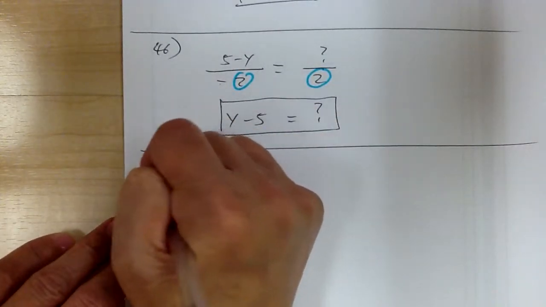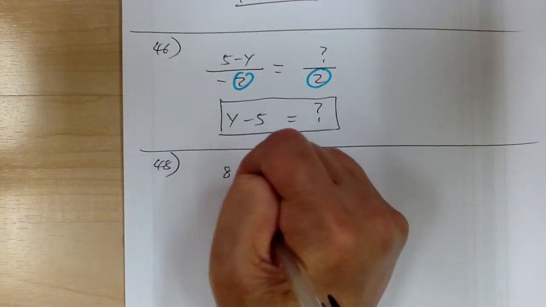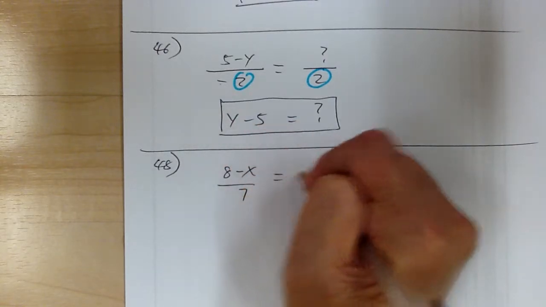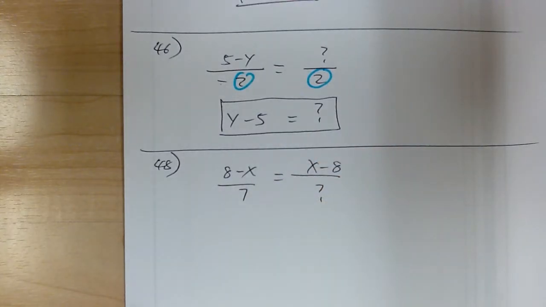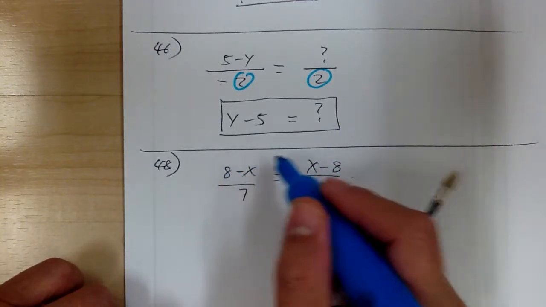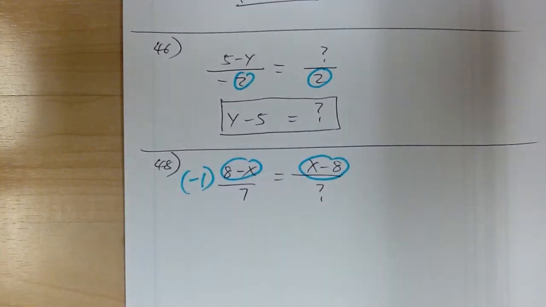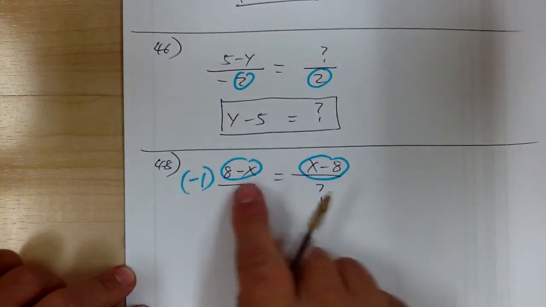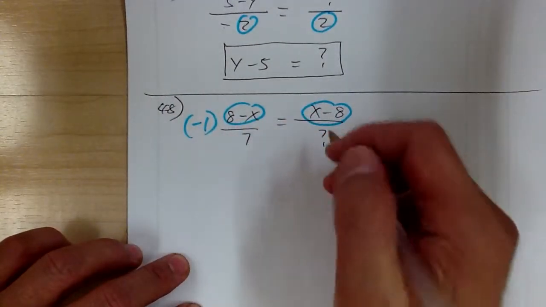Okay, let's go to 48. You have 8 minus x over 7 equal to x minus 8 over question mark. This is a little bit more tricky. This is x minus 8, and this is 8 minus x. So they are opposite. When you're matching it, you're going to get a negative 1 out here, because they are reversed, the subtraction is reversed.